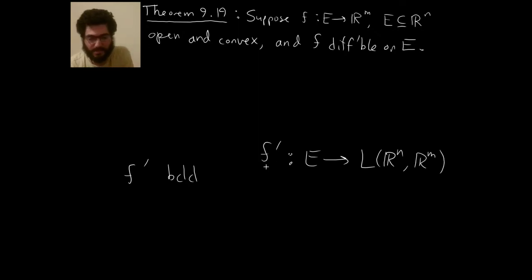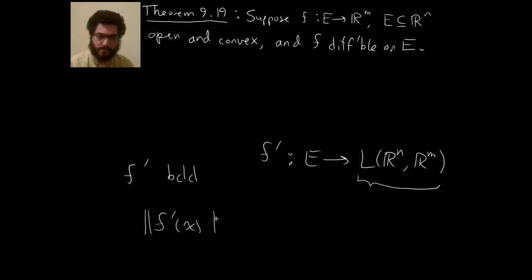So if I'm going to talk about this being bounded, I must be talking about the norm on this, or the metric on this set. So I'm going to use the norm, and bounded means there's some m so that this is true. Okay, so that's going to be our assumption in the theorem.